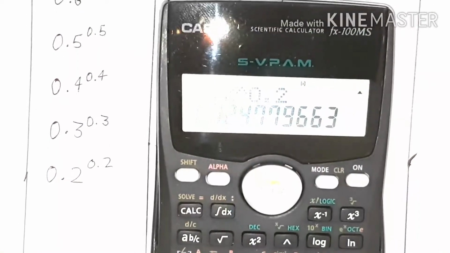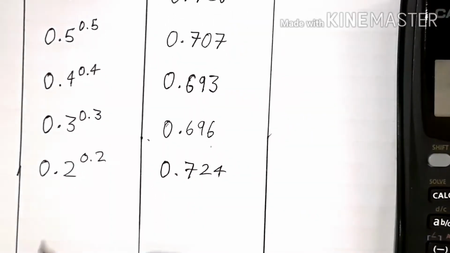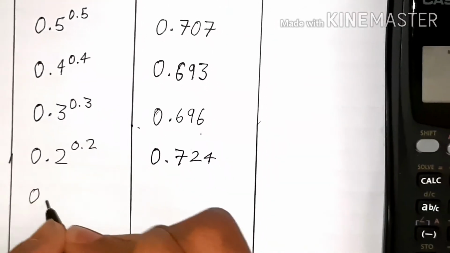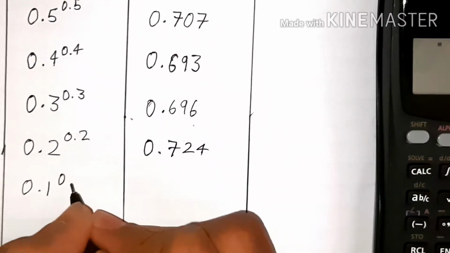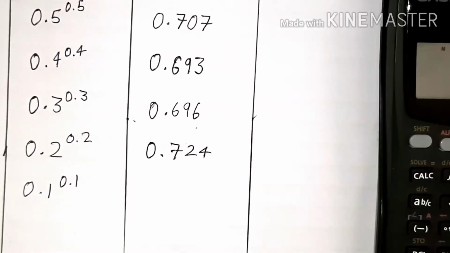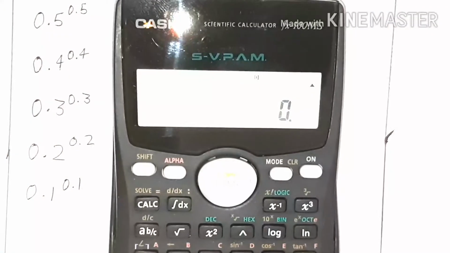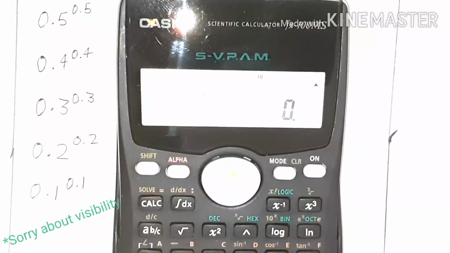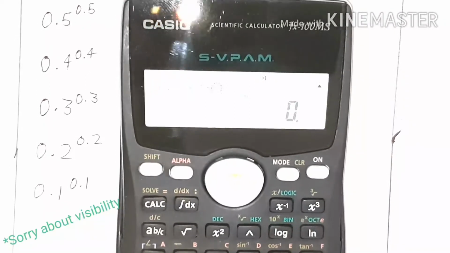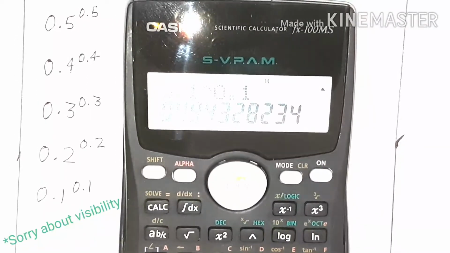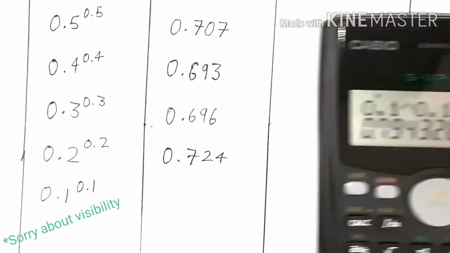Now you can see that the number is eventually increasing. So we'll also try it for 0.1 raised to 0.1, because slowly and gradually we need to go closer to 0. So we have 0.1 raised to 0.1, which is 0.794.